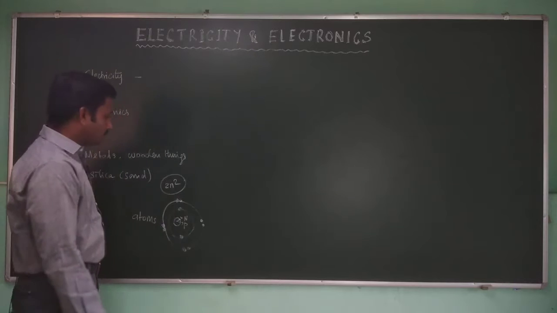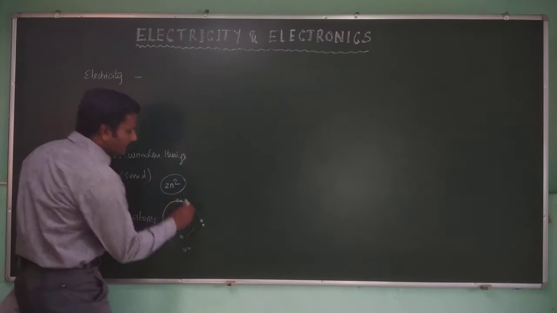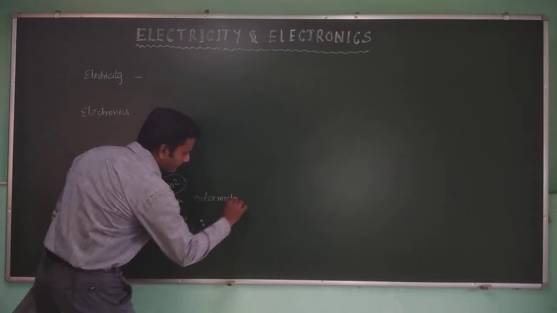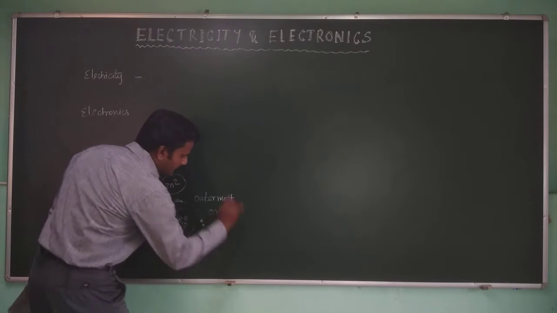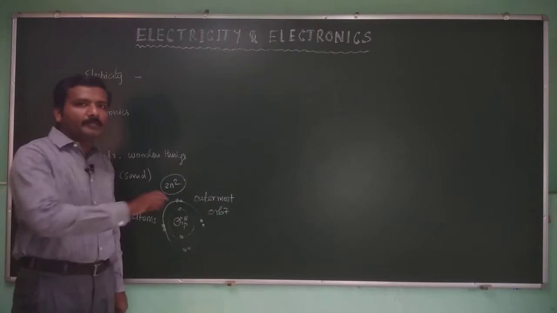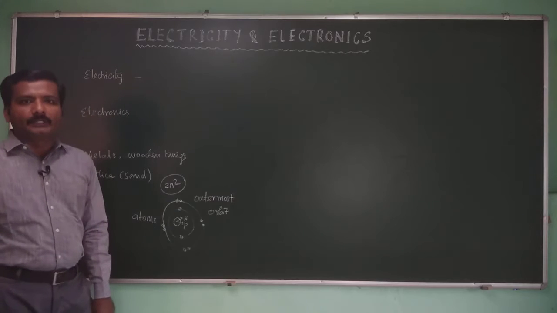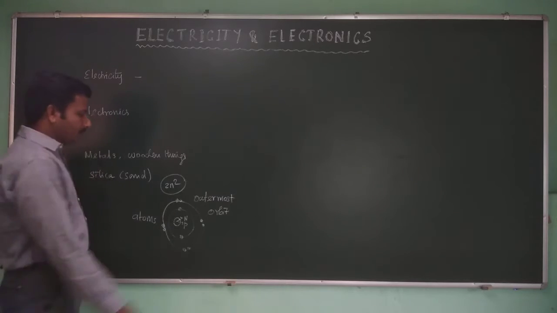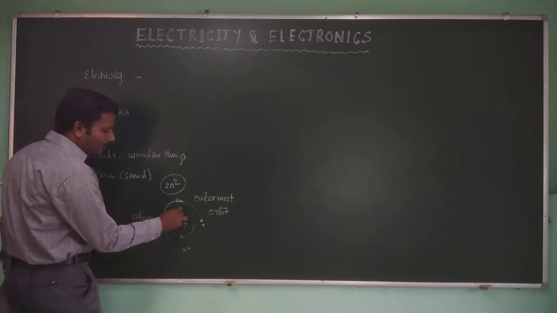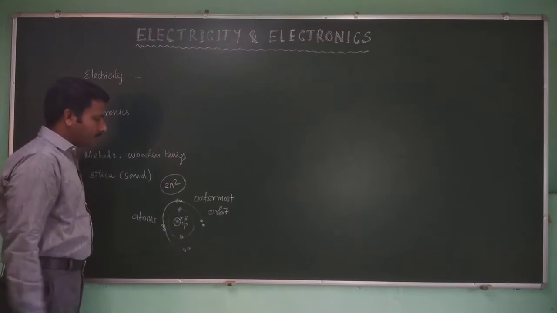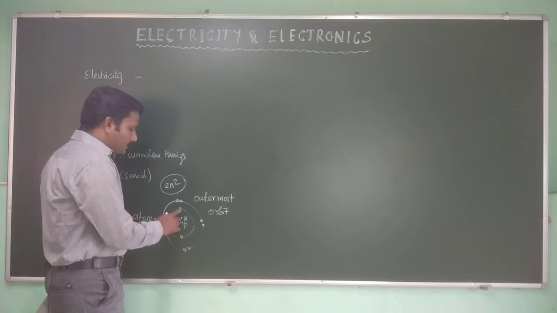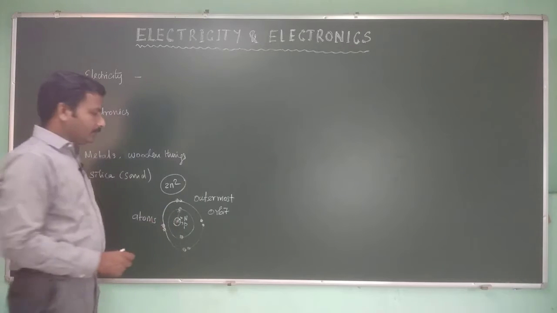Fine. Now the point is, there is an outermost orbit where the orbit may be filled or unfilled. You know, each electron has a binding force with the nucleus. So each electron in different orbits is bound to the nucleus.